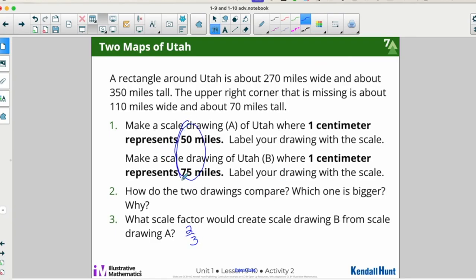If we think about the miles in the drawing, to go from 50 miles to 75 miles, 75 divided by 50 is 3/2. How are 3/2 and 2/3 related? Well, they are reciprocals. So if I have two scale drawings and I know the scales, I can figure out the scale factor by finding the scale factor for the real life distances and then do the reciprocal.